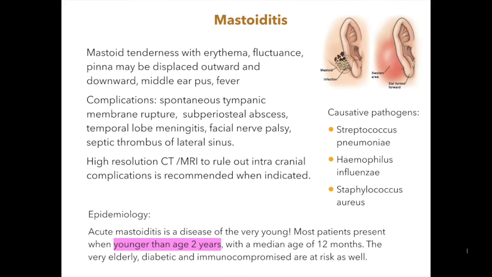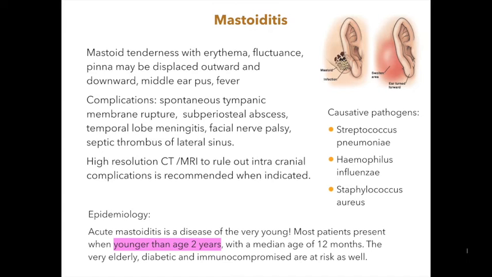It's a disease of small children mostly, so typically the patients are younger than 2 years in age. You can also get it in adults, but typically they're very elderly, diabetic, and or immunocompromised. It very rarely occurs in young, healthy people.